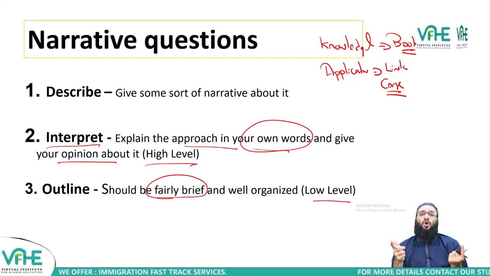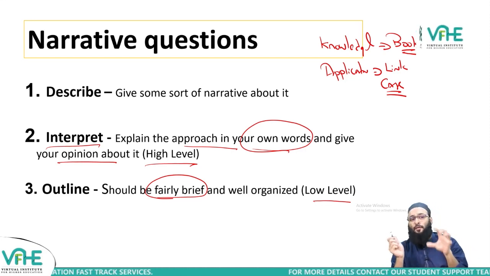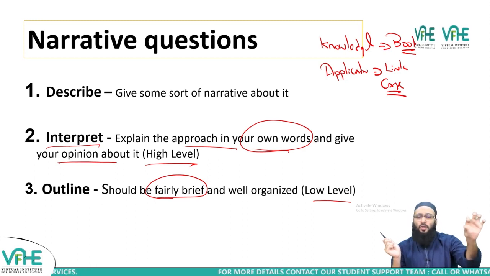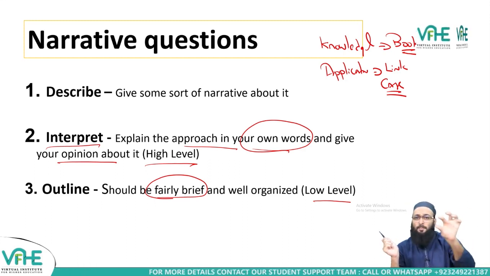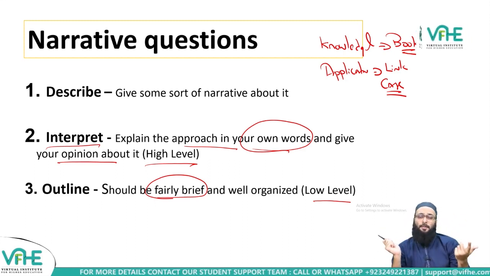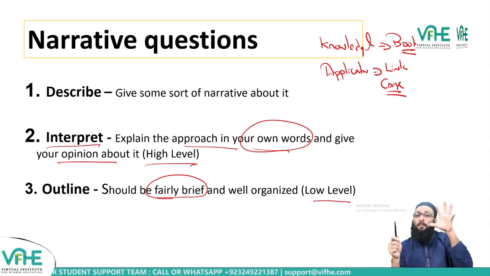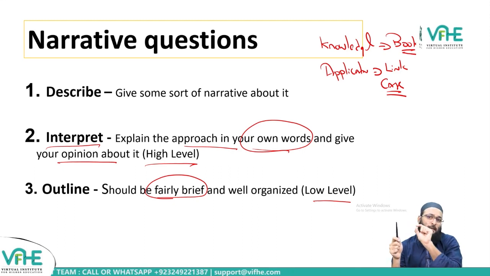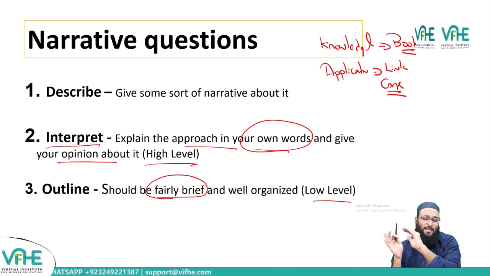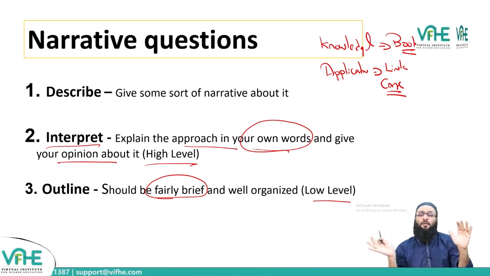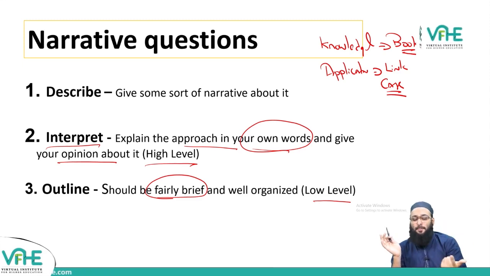Outline the 3 steps of zero-based budgeting. So you have to mention step number 1 of zero-based budgeting, step number 2, step number 3. Okay, so that is a simple outline. It should be brief, the marks will be low, and you simply have to mention the basic steps of that.